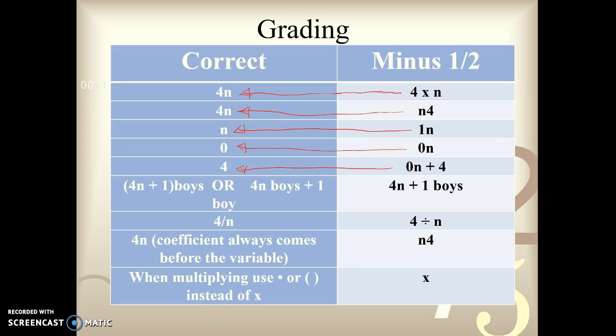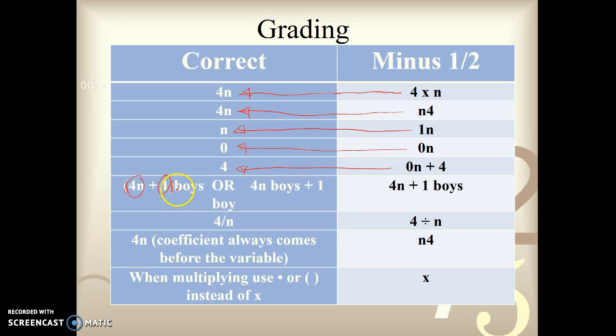All right. Remember how I told you had to have the parentheses around your expressions? Here's where this is important. If you write an expression where you're talking about, say, for example, 4n plus 1 boys, and we're talking about boys for all of this, right? Then you need to have the parentheses. So it needs to look like 4n plus 1 boys with parentheses around it.